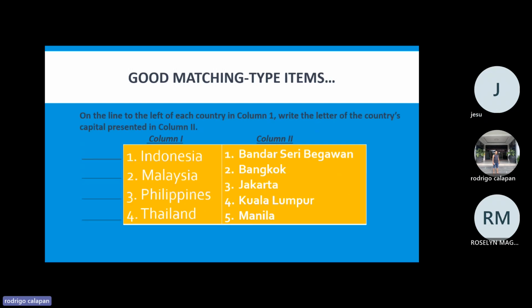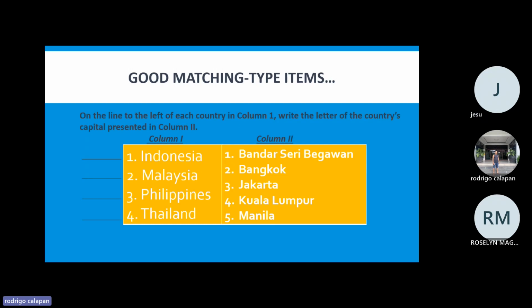And so another is, look at the instruction: on the line to the left of each country in column 1, write the letter of the country's capital presented in column 2.